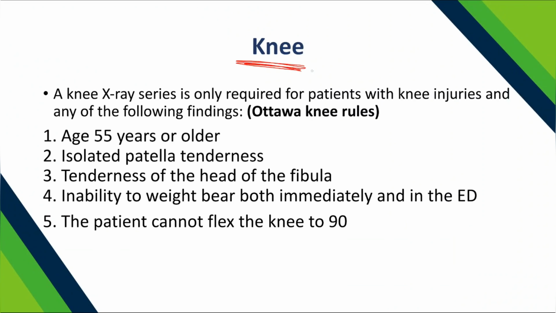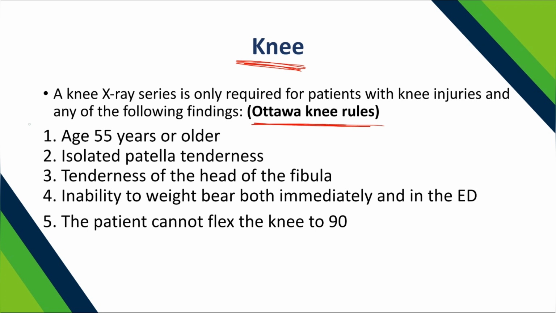Coming to the knee joint. A knee X-ray is only required for patients with knee injury and any one of the following. We have the Ottawa knee rule to decide whether to do an X-ray.